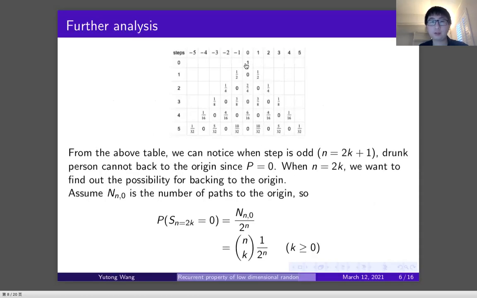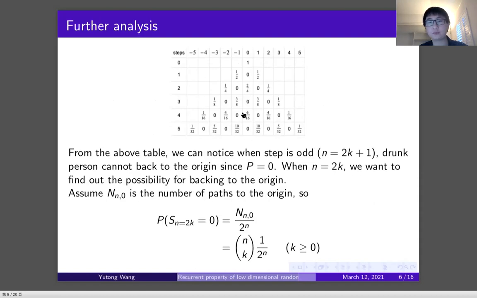From this formula, we recall that this is the Pascal triangle. We can see these numbers mean the probabilities, and here the column denotes the steps he walks, and the row denotes the distance he walks.